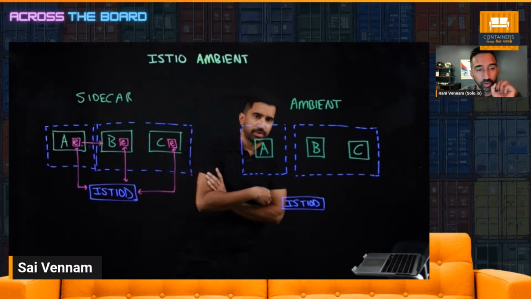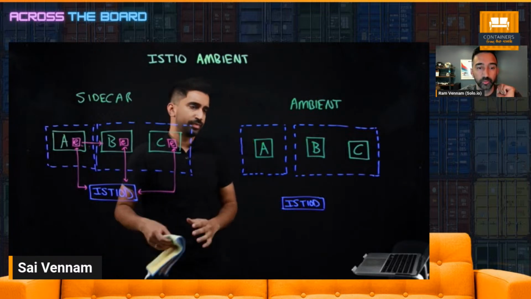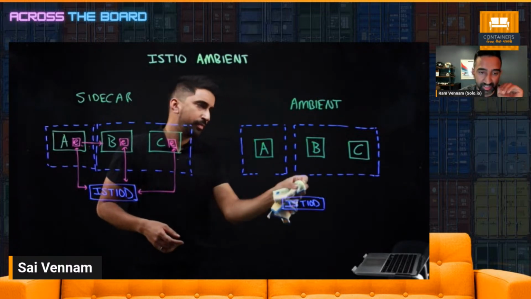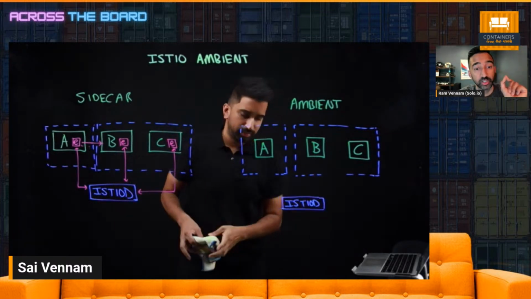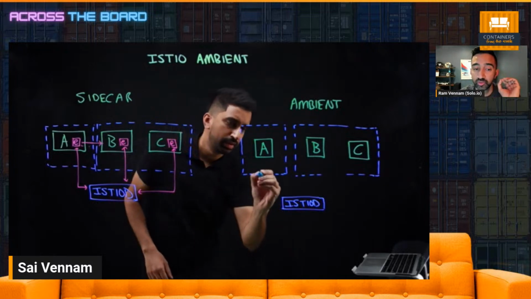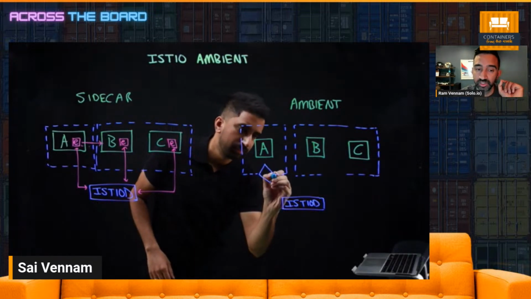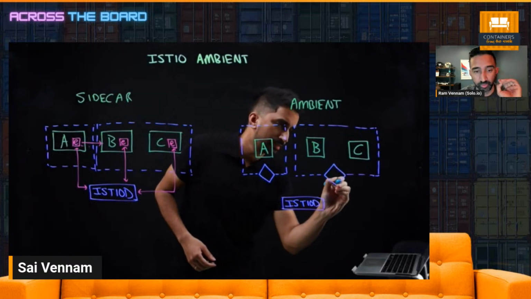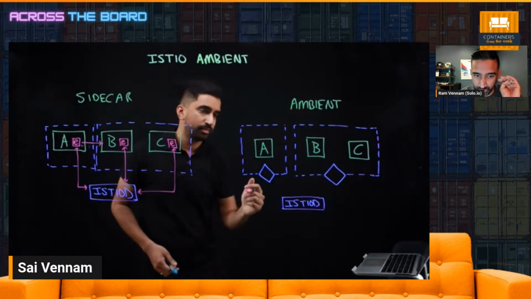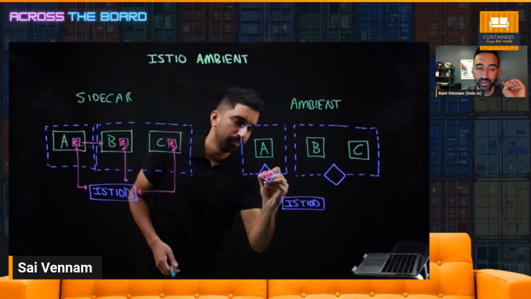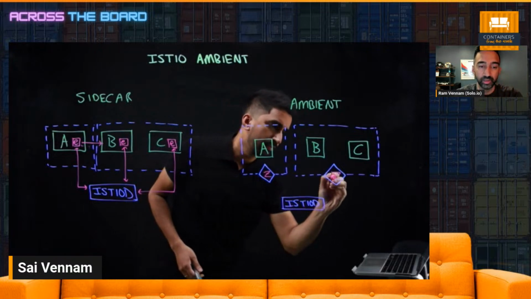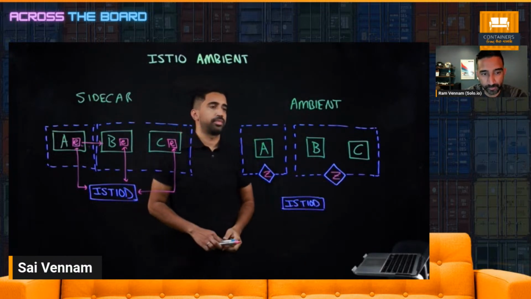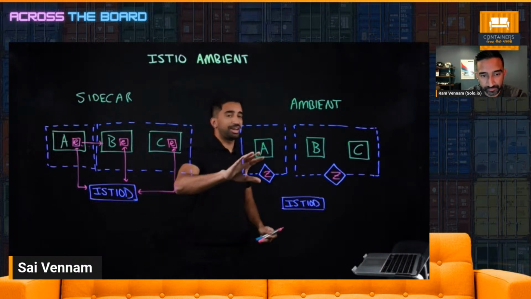So every node will get its own layer 4 proxy, and that's called ztunnel, a zero trust tunnel. This was written from the ground up using Rust, and it's purpose-built to do exactly what it needs to do, which is mTLS of traffic, and then get some TCP level observability.